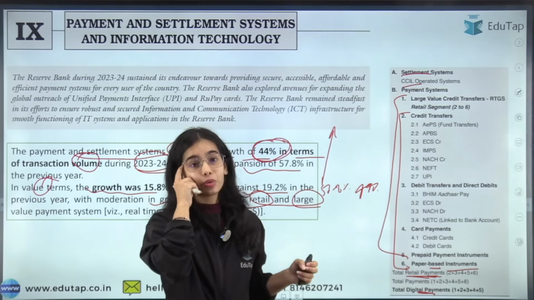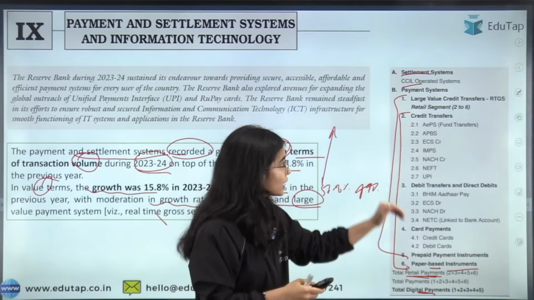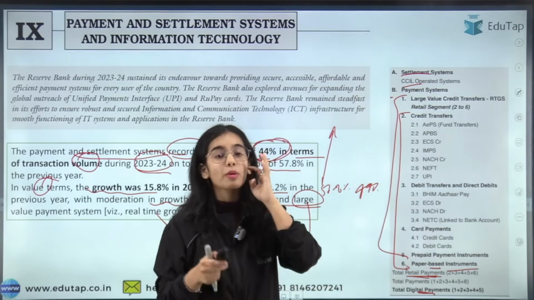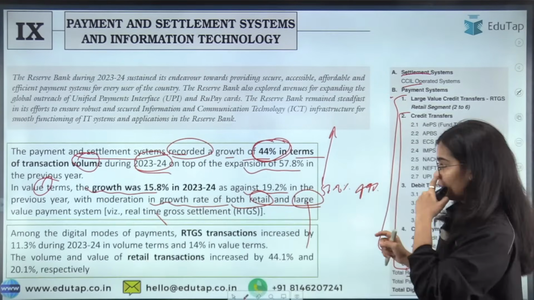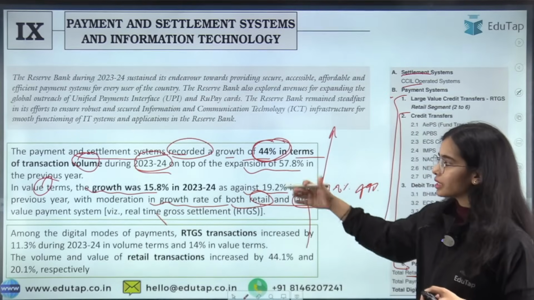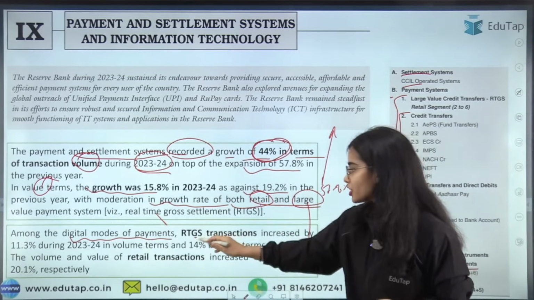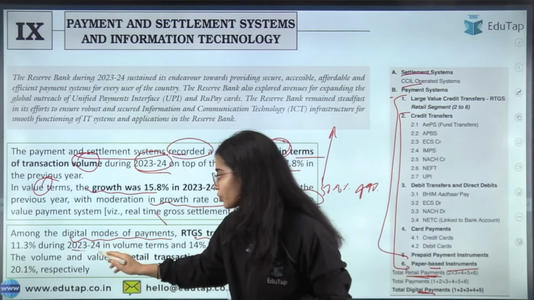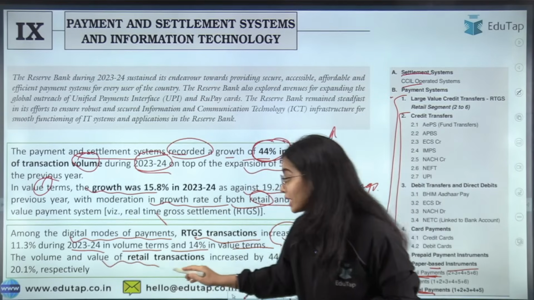That is the difference that you need to understand, that retail payments are the small payments that are happening, 2 to 6. The digital payments are from 1 to 5. If you talk about the large payment, that is only RTGS, okay? So that you have to remember. So retail and large payments, the growth has been moderated. Among the digital modes of payments, the RTGS transactions increased by 11.3% in 2023-24 in volume terms and 14% in value terms.